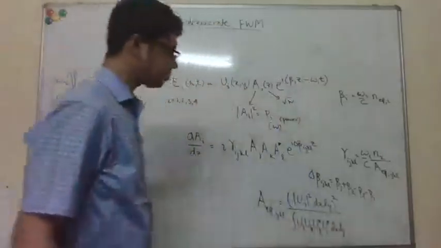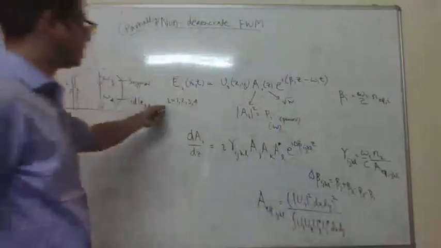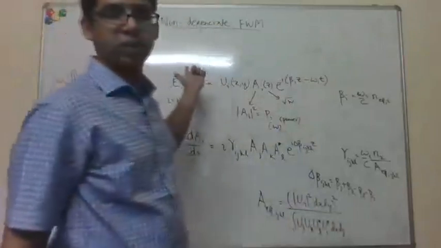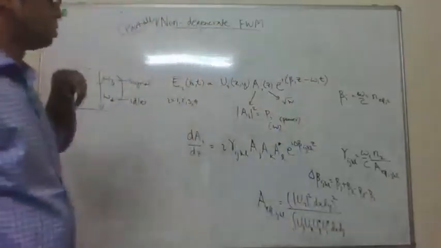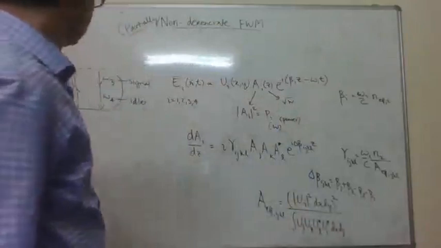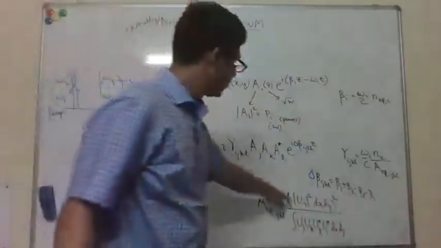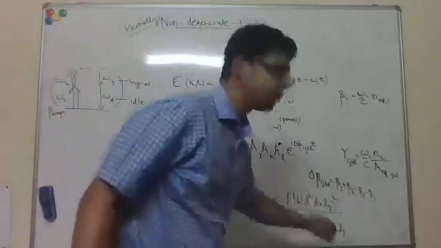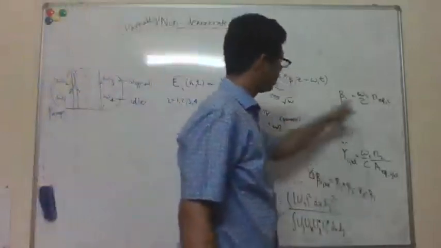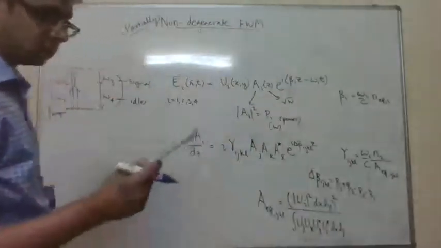This is the most general case where each of these four waves could have different transverse modes, for example in waveguides or fibers. So in general, all four of these could have different modes, and this is something like the overlap factor between the different modes. And of course, they would also have different betas because they have different effective indices depending on the mode. So that's the most general case.